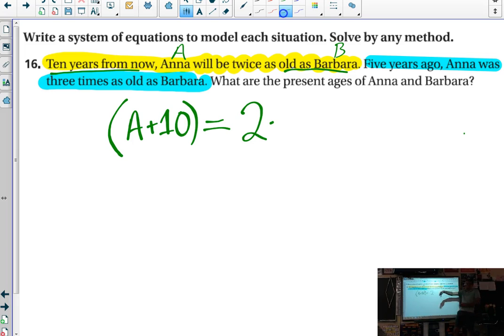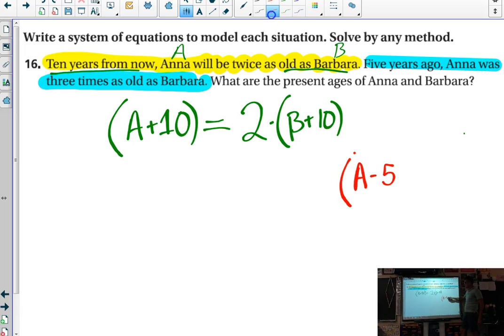We're talking about them in the future. But then they also tell me 5 years ago, A minus 5, Anna was 3 times as old as Barbara.